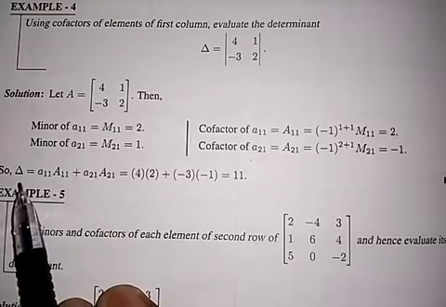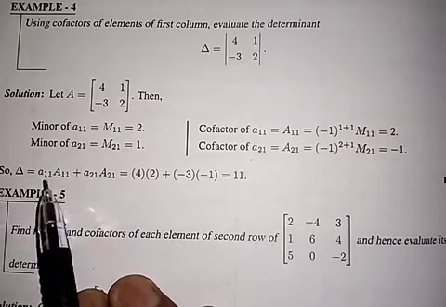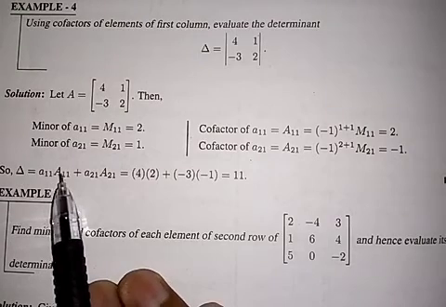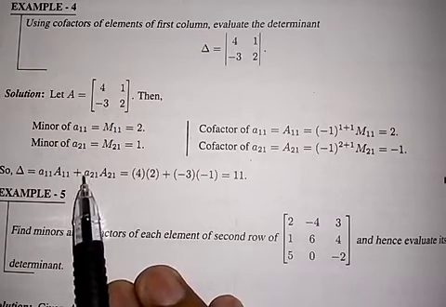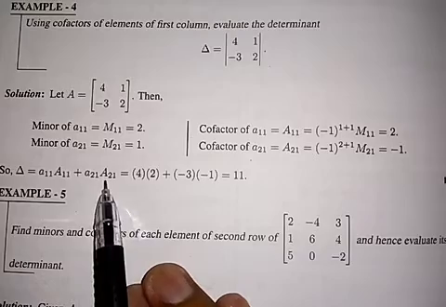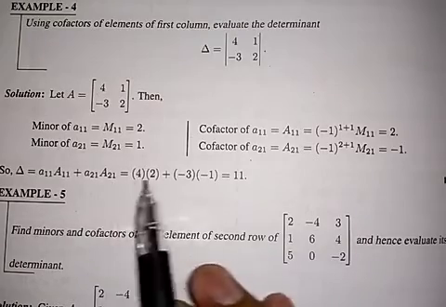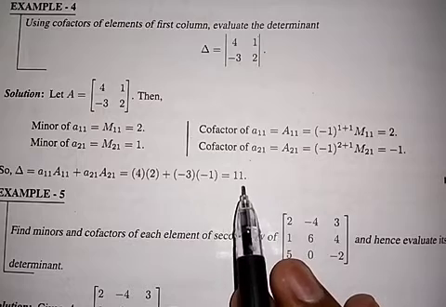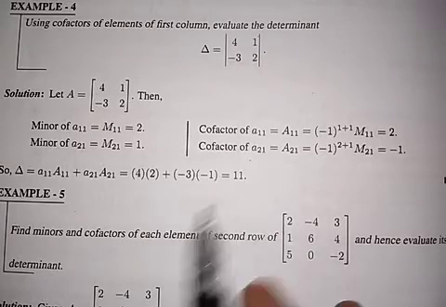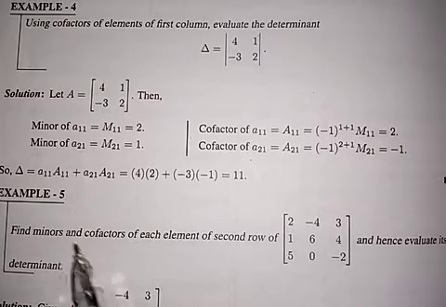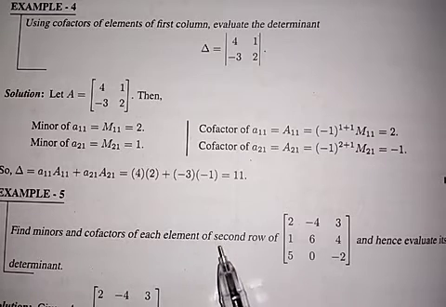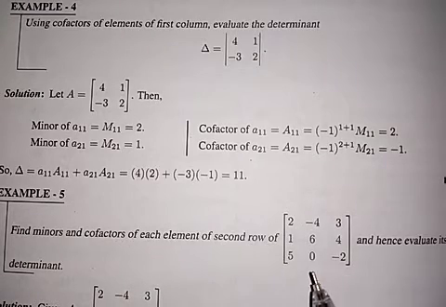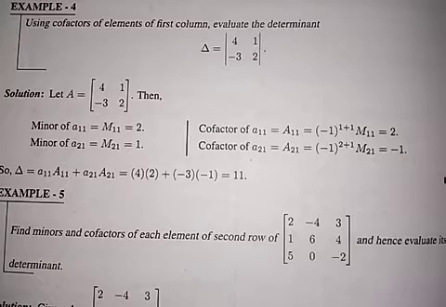Then the determinant equals a11 multiplied by cofactor A11 plus a21 multiplied by cofactor A21, equal to 11, which is the value of the given determinant using cofactors. Similarly, we can find the minor and cofactor of each element of the second row and hence evaluate its determinant.